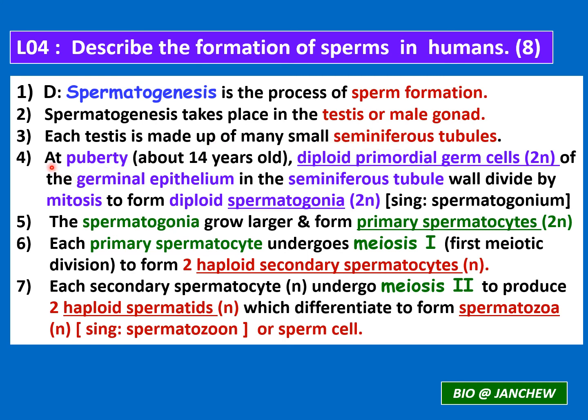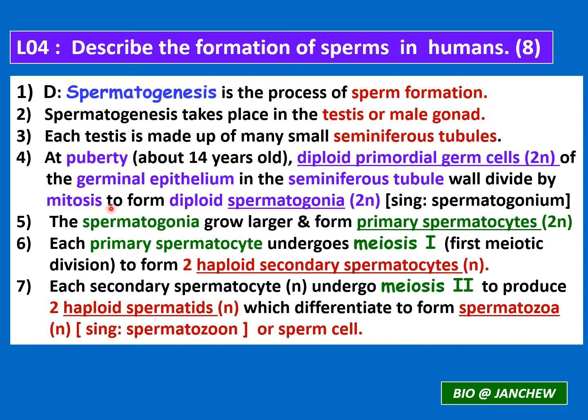So the production of sperms occurs at puberty when the male sex hormone called testosterone is produced, which will stimulate this process. So at around 13 to 14 years old, for boys, the diploid primordial germ cells found in the germinal epithelium in the seminiferous tubule will divide by mitosis.